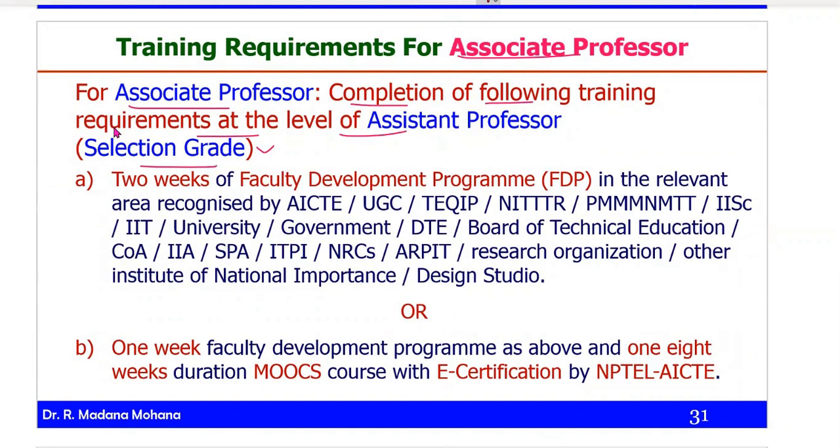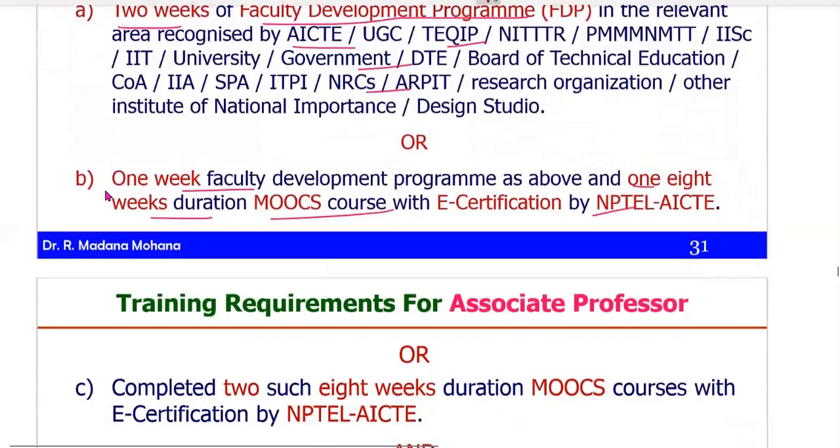Same as assistant professor selection grade: 2 weeks faculty development program in the relevant areas recognized by any one of these regulatory bodies. Or 1 week faculty development program as above mentioned, and one 8 weeks duration MOOCs course through NPTEL AICTE. Either condition A or condition B.